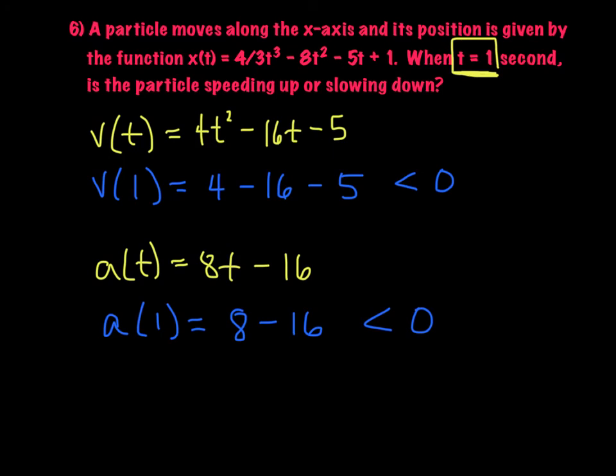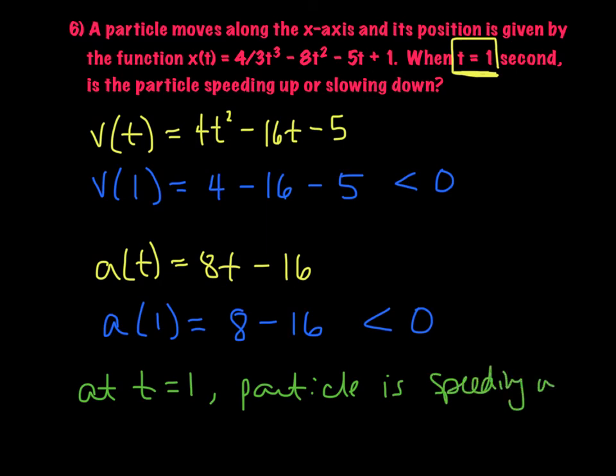So if I have both velocity and acceleration with negative values at a time of 1, then I can definitely conclude that at t equals 1, the particle is speeding up. And you would conclude that because v of 1 is less than 0 and a of 1 is less than 0. All right, good job.